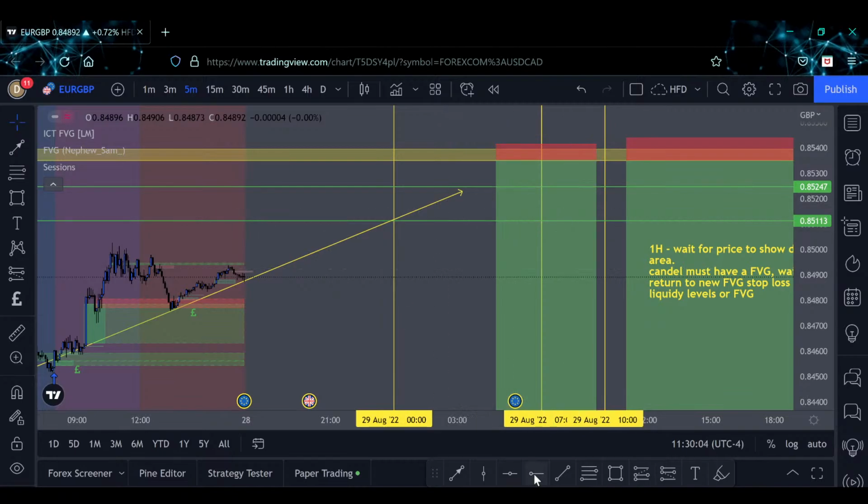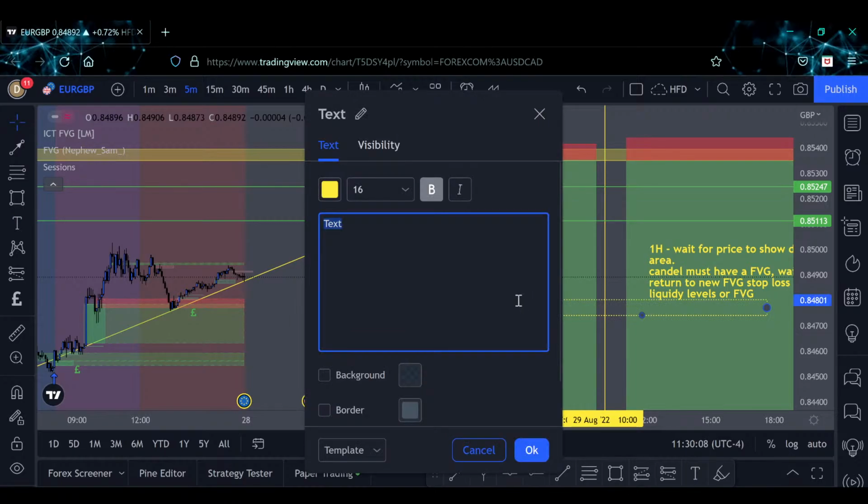So we'll leave these here. 1M or 5M, FVG, displacement, trade.